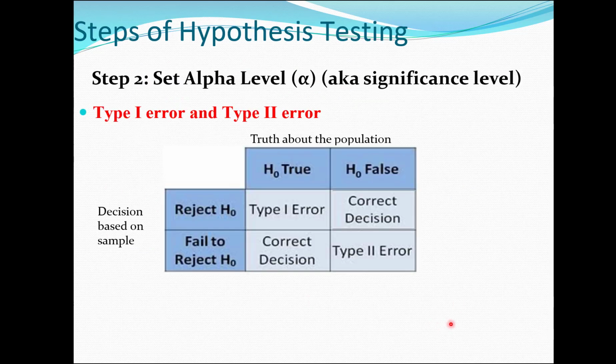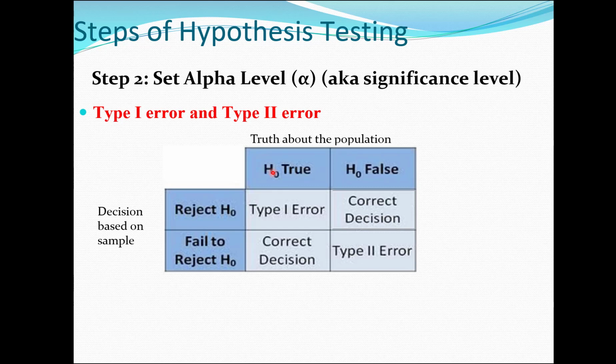Step 2 of hypothesis testing is set alpha level. But before we talk about alpha, let's talk about type 1 error and type 2 error. If you look at the table I have here, H0 means null hypothesis.